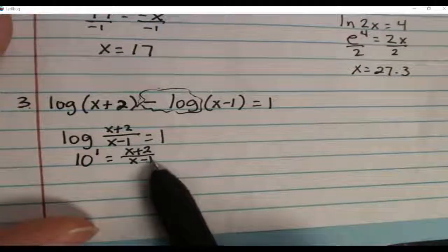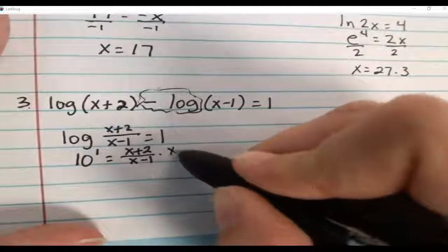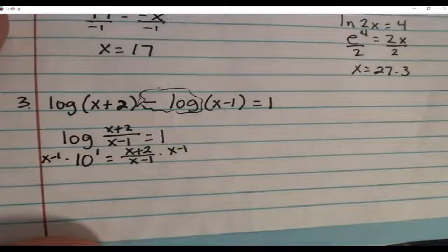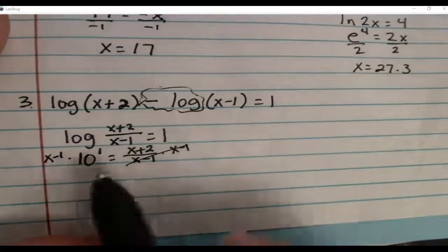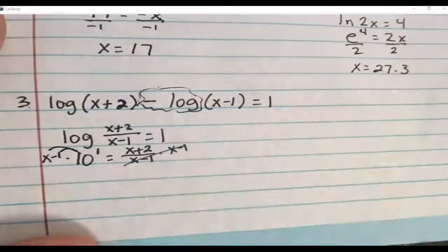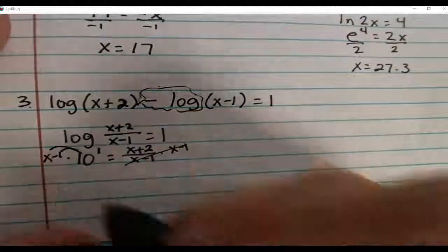So now to solve it, you have to get the x out of the exponent. So multiply both sides by x minus 1. So I'll get rid of that fraction, we know that 10 to the first power is just 10. So then I distribute that to the x and to the 1, because both of those are being multiplied by the 10.